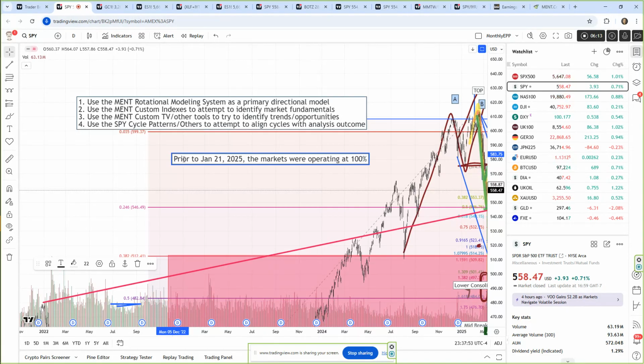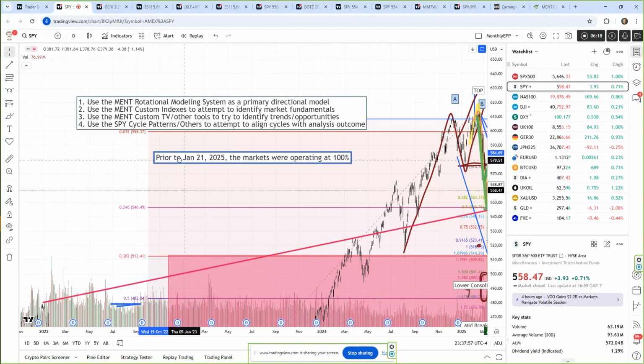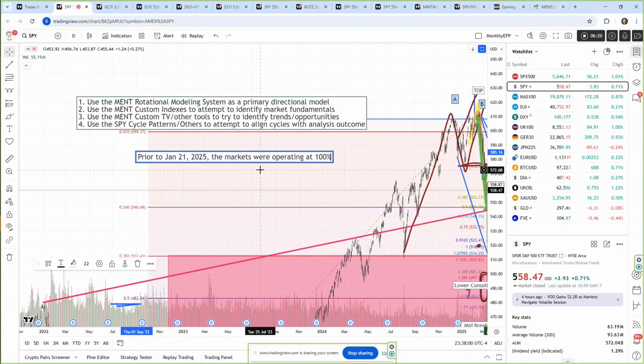There'd been no change in policy, no change in spending, no change in pretty much anything. We're clicking right along. There had been no alteration in how the markets were operating at all.